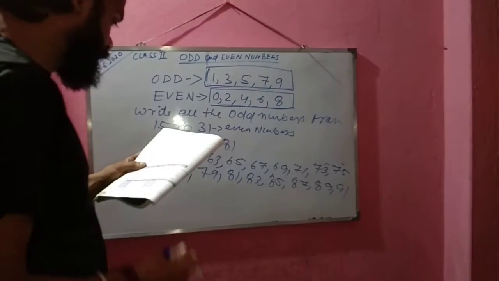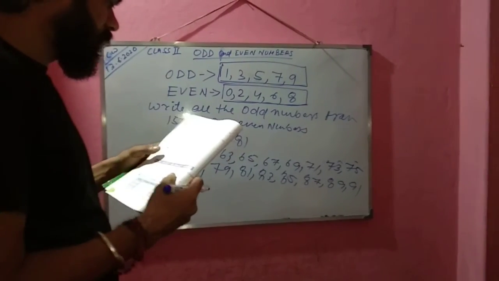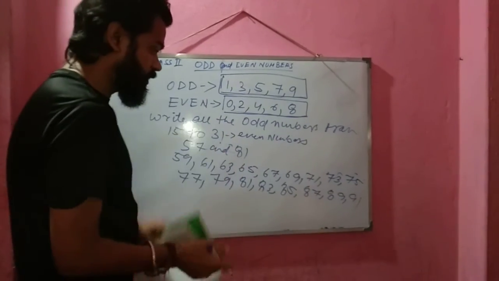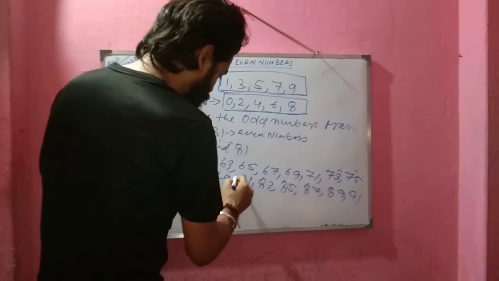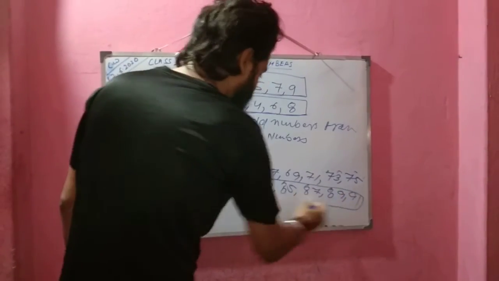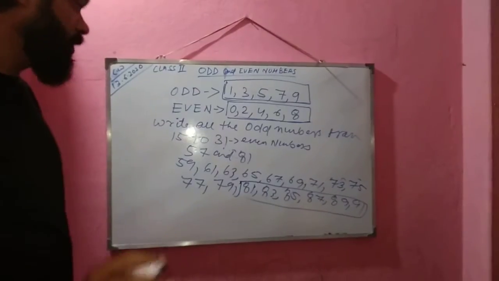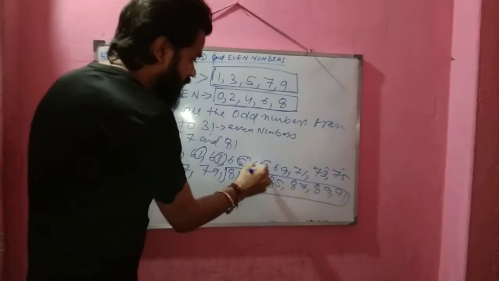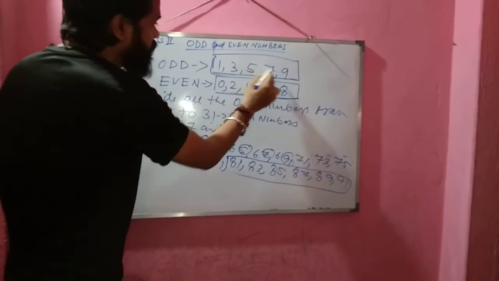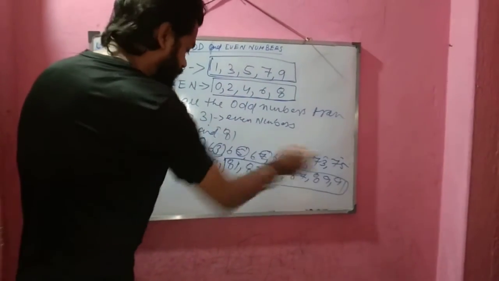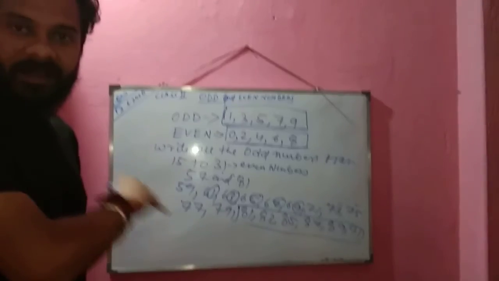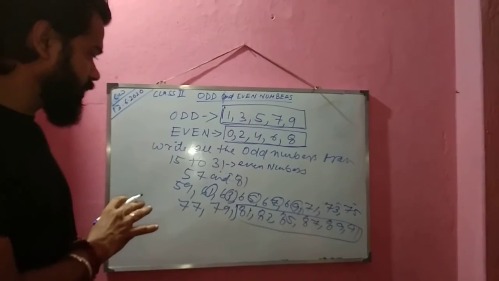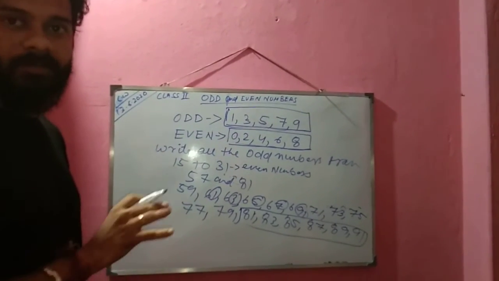I have written more than asked. It should be up to 81, all this extra I have written, but that doesn't matter. Now you see in the odd number pattern 1, 3, 5, 7, 9, again 1, 3, 5, 7, 9, and it continues like that. So it falls under the category of odd numbers.